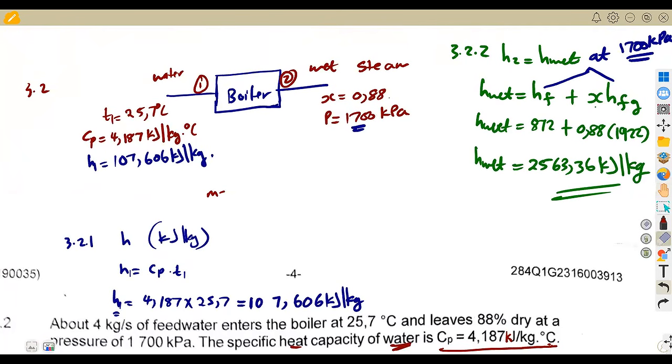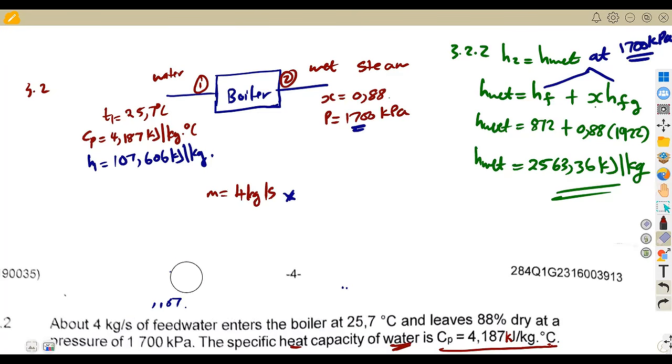Remember, we calculated H1 and we also have H2. And the mass in this case is 4 kilogram per second. So the heat transferred is the change in enthalpies. That is the heat transferred. So that's 3.23.